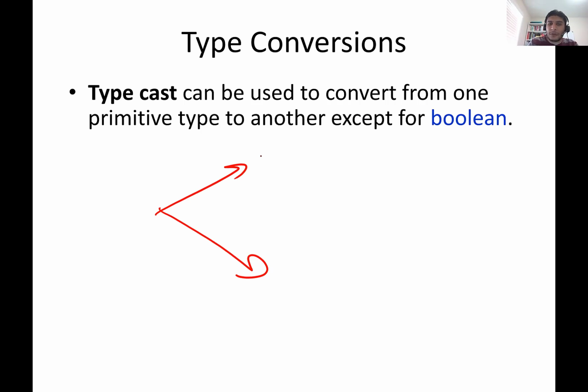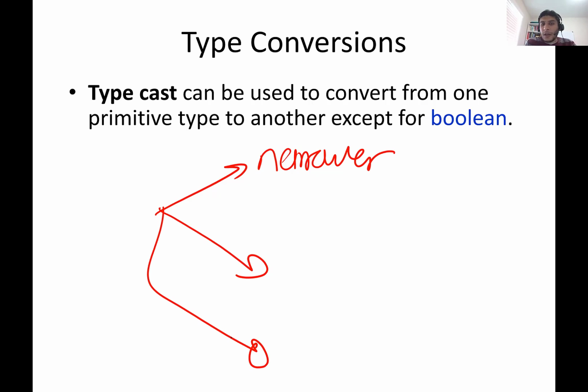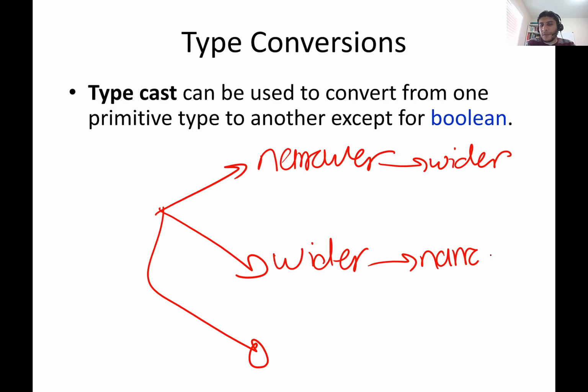Casting from narrower to wider type, and wider to narrower type, and I will give you examples now. I would say three things, but the third one doesn't really work: something that cannot be cast to something else, like incorrect casting.